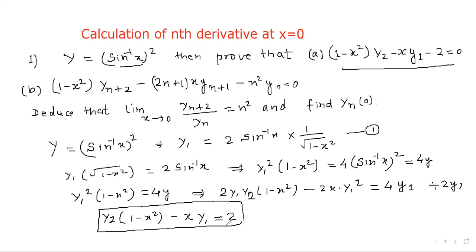Now we have to apply Leibnitz theorem to find the nth derivative. So we write it on the next page. We have the equation (1 minus x square) y2 minus x y1 minus 2 equal to 0.